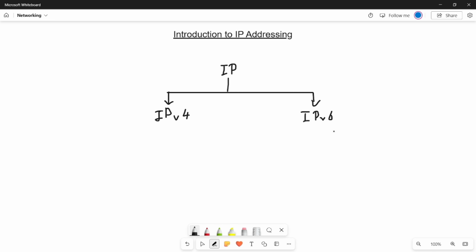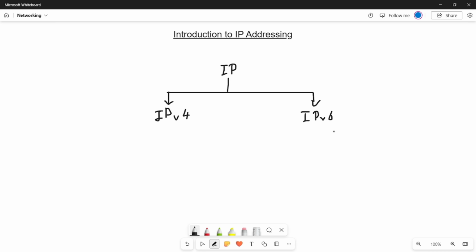But we are still using IPv4 addresses for making subnets and private networks in our systems. So it is important to know, and it is easy to study, IPv4 addresses.